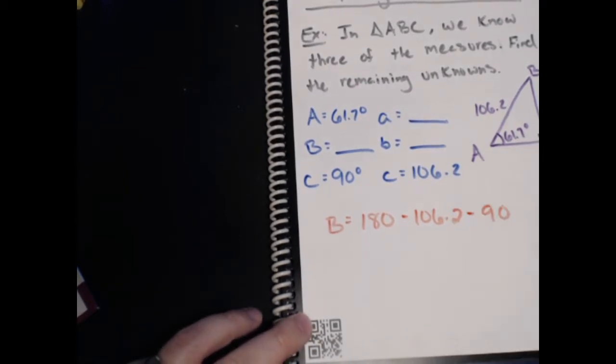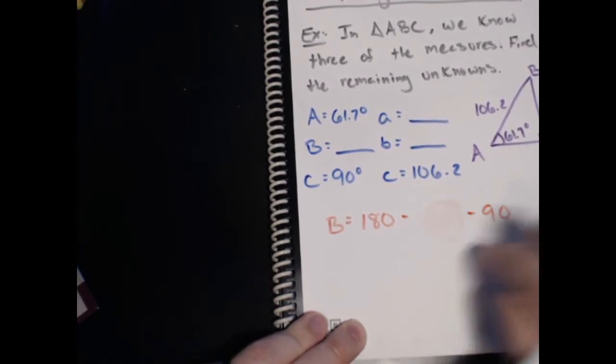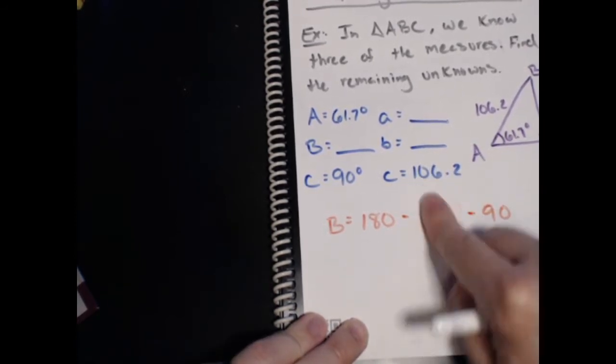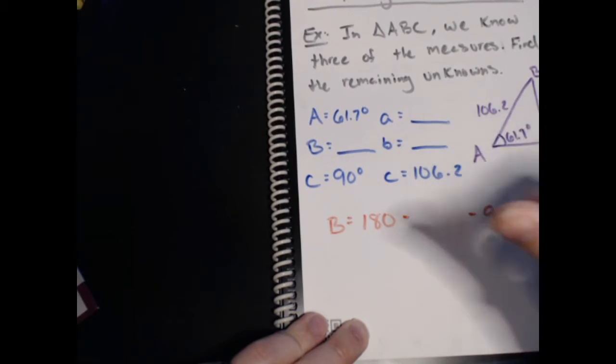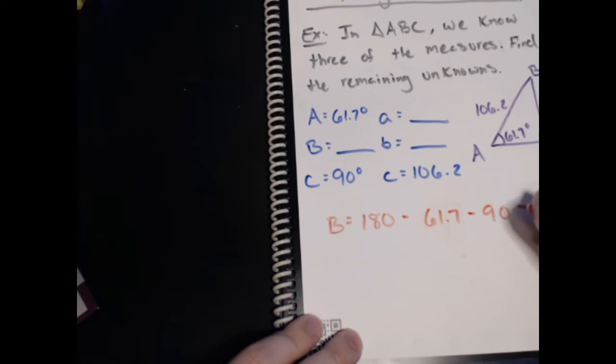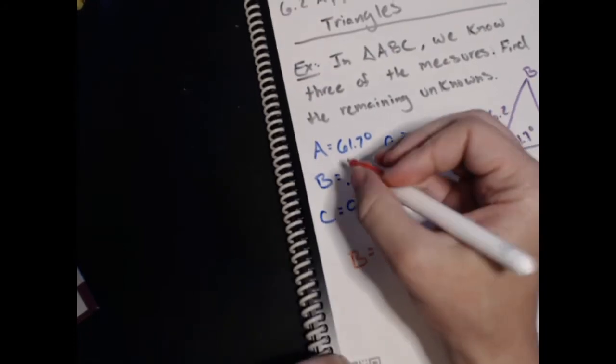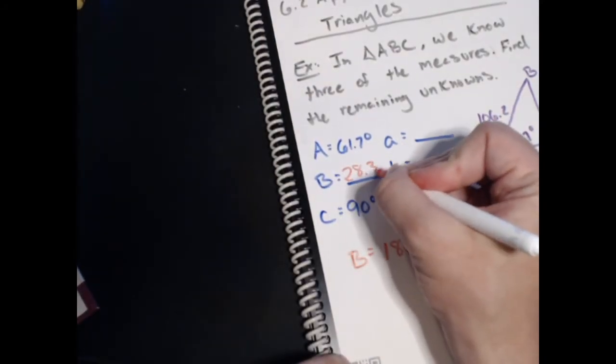Sorry, not 106.2, 61.7. What am I talking about? All right, and you just put that in the calculator, subtract it out, and you find out that your last angle there is 28.3 degrees. So boom, 28.3 degrees.